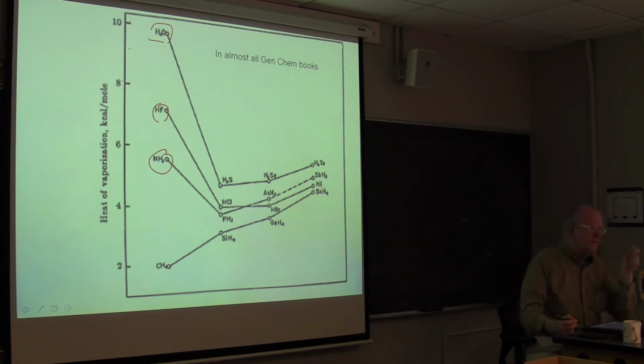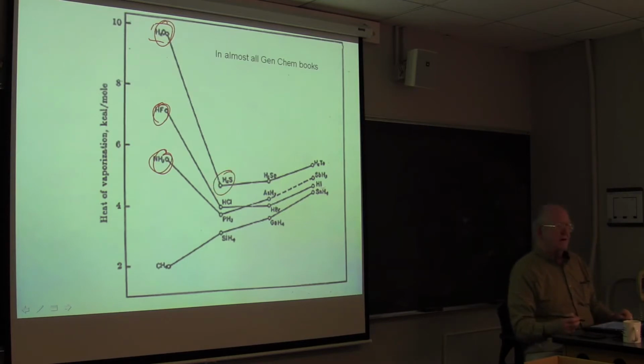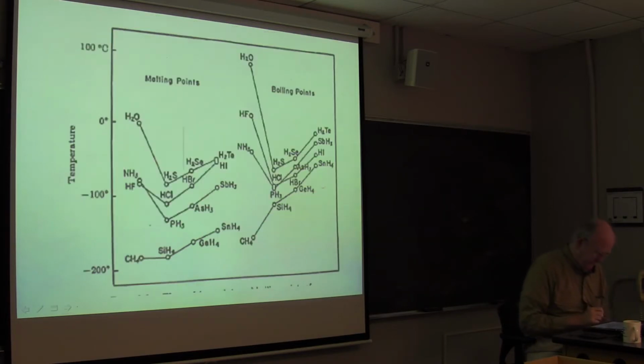This is one of the reasons why we believe in the existence of what are called hydrogen bonds. It's to explain this strong energy that's not exhibited by the next member of that family of atoms in the periodic table. The same strong energy exhibited by hydrogen when it's attached to oxygen, or hydrogen when it's attached to fluorine, and so on, also shows up in things like the melting points and the boiling points.